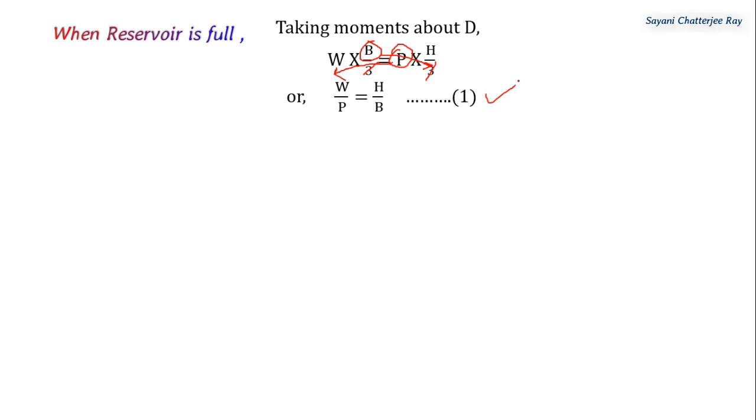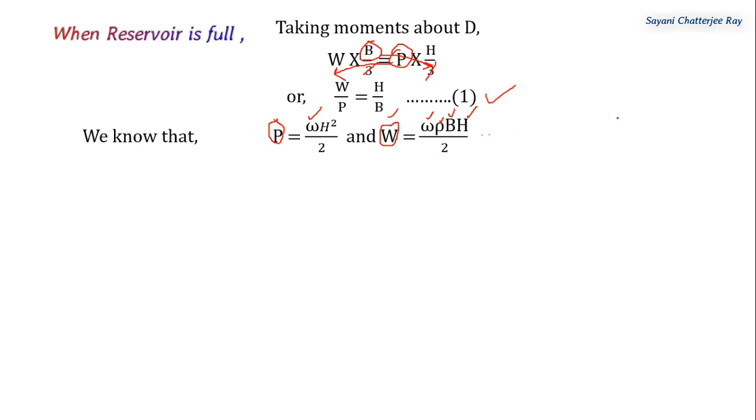Now my dear students, we also know that P is the external force. This P equals the density of water multiplied by the square of the height divided by 2. And what is W? We know that W is the self weight of the dam, which equals the density of water multiplied by the specific gravity of the material of the dam multiplied by the base width multiplied by the height divided by 2.